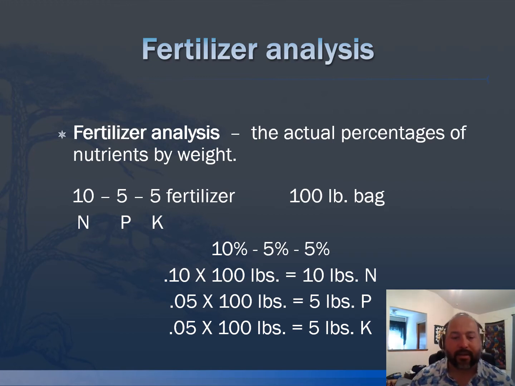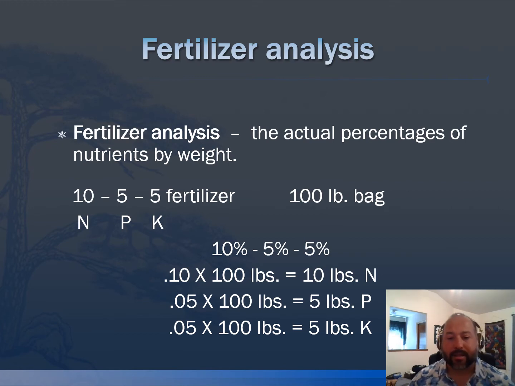Let's take an easy example of a 100-pound bag with 10-5-5, so 10% nitrogen, 5% phosphorus, 5% potassium. 10% times 100 pounds is 10 pounds, 5% times 100 pounds is 5 pounds, and 5% again is 5 pounds.